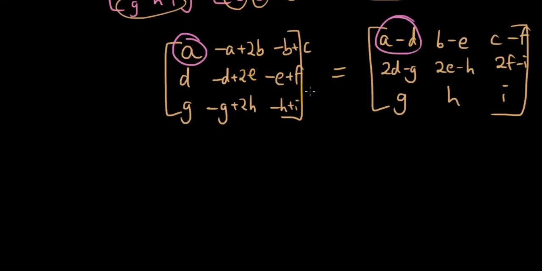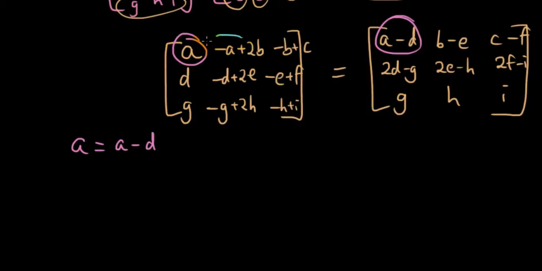Okay, so now we have two 3x3 matrices, and obviously each element is going to equal its corresponding element in the other matrix. So let's just do it one by one. So we have equation 1. Equation 1, I have a equals a minus d. Okay, and then I have, what else do I have?